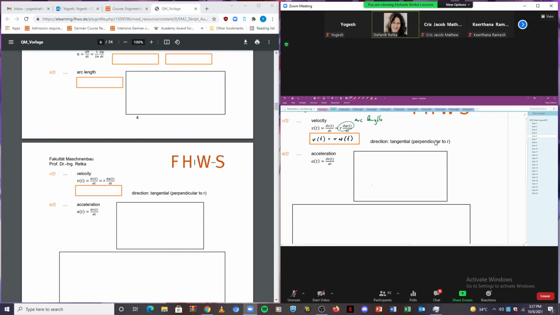So let's do the small figure again, which we had on our previous page. So that's the center of the circular path. That's the radius, and this is our arc length. The distance traveled from t0 to t, for example, or some time t. Then here we have a velocity vector perpendicular to the radius, tangential on the path.